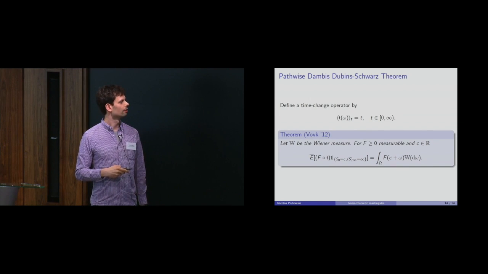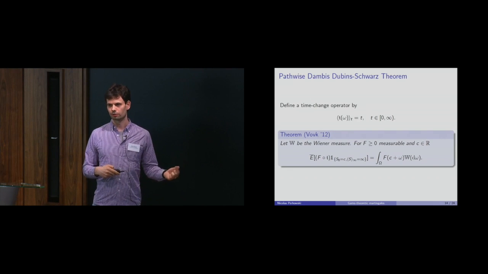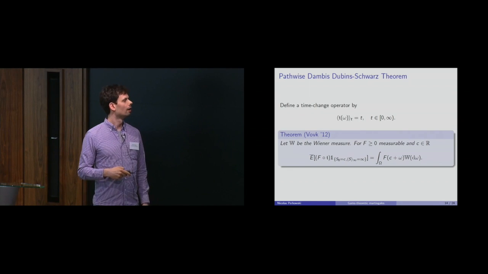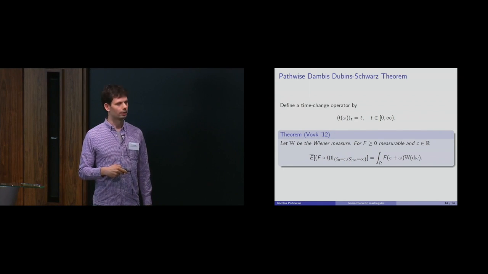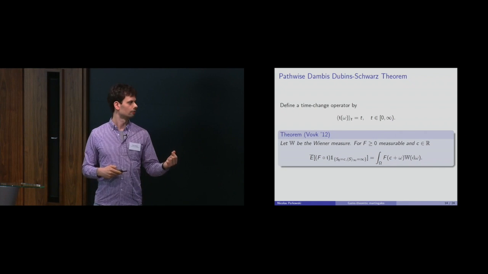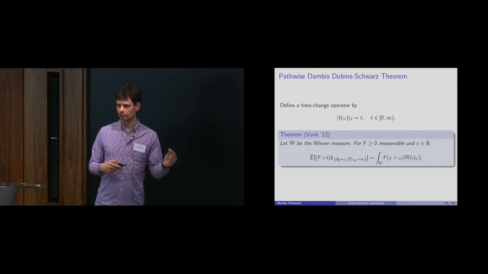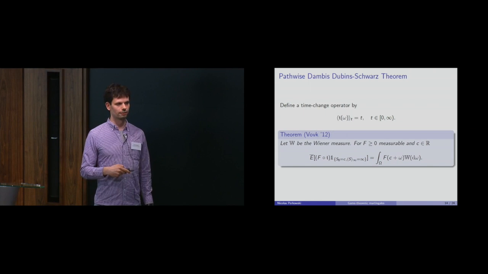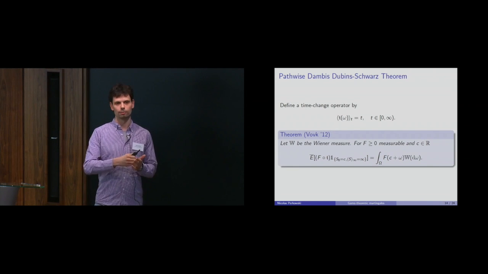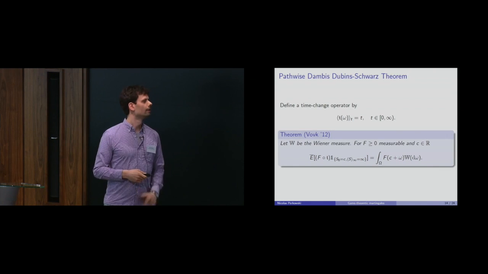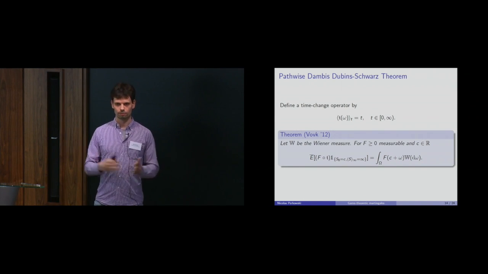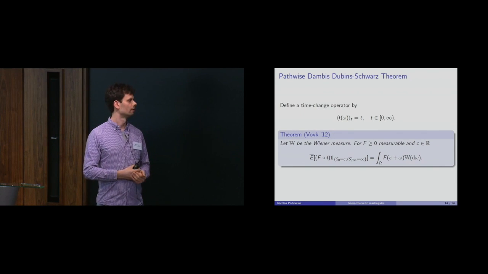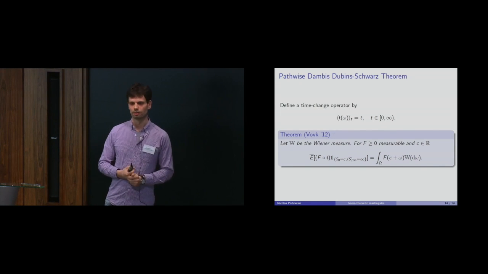And then he shows, and this outer expectation is defined like the outer measure, so pathwise superhedging, that for non-negative f, if you have an f that only depends on the reparametrized path, so the one that has quadratic variation t at time t, and you restrict yourself to paths starting from a given initial value and where the quadratic variation doesn't die down, then you can actually calculate this superhedging price, and it's just the expectation under the Wiener measure. So this, I think, is really a beautiful result.